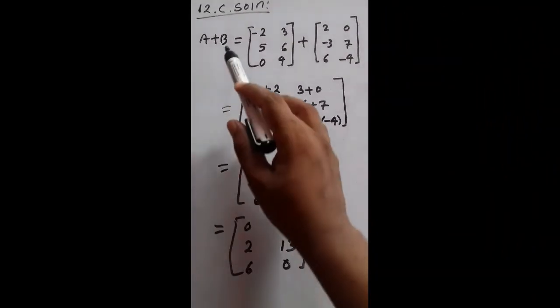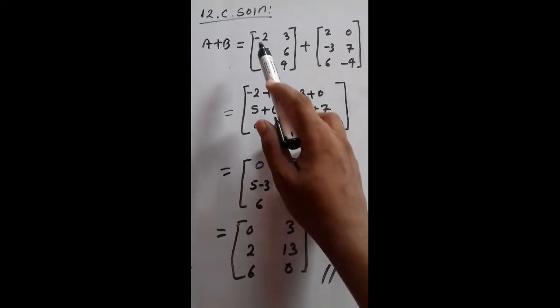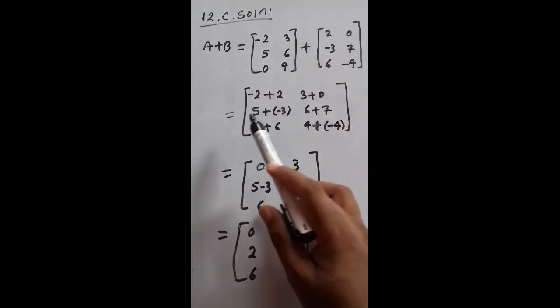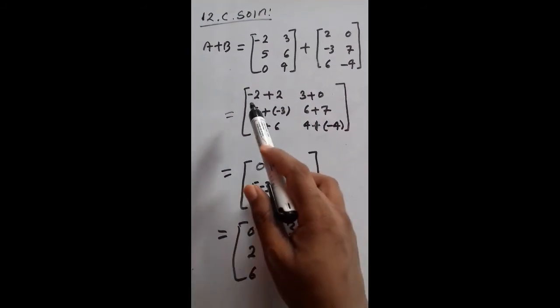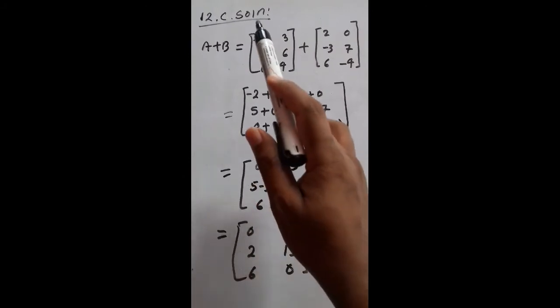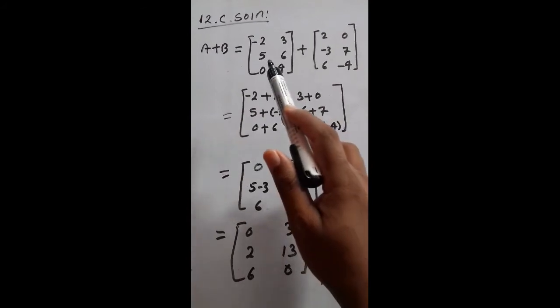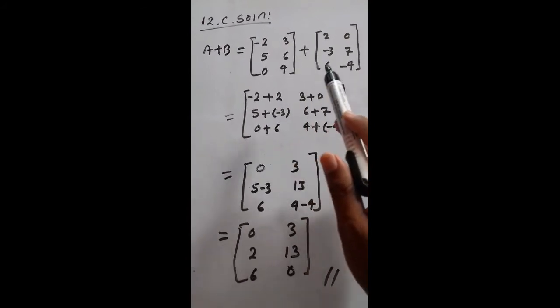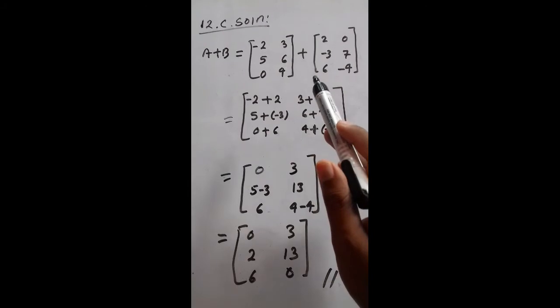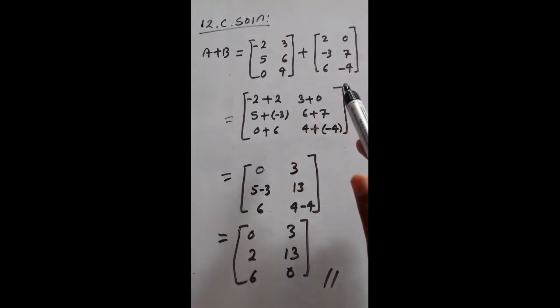In question number 12, see, these two matrices are given and we have added corresponding elements: minus 2 plus 2, 3 plus 0, 5 plus minus 3, 6 plus 7, 0 plus 6, 4 plus minus 4.